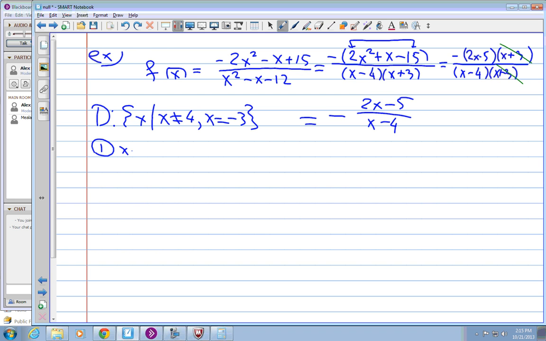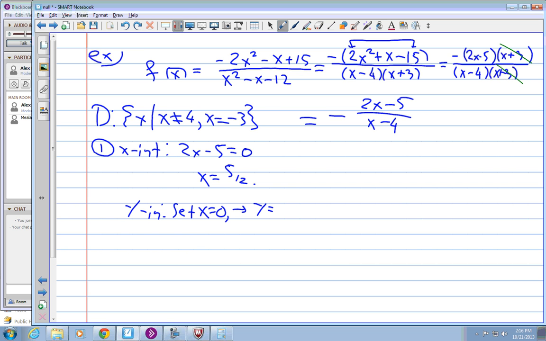So finding the x-intercepts. We're just going to set numerator equal to 0. 2x minus 5 equals 0, solve for x. X equals 5 halves. That's the x-intercept. The y-intercept, set x equal to 0. So what are we left with? Just negative 5/4. If you set x equal to 0, you get negative 5 over negative 4 with a negative up front.